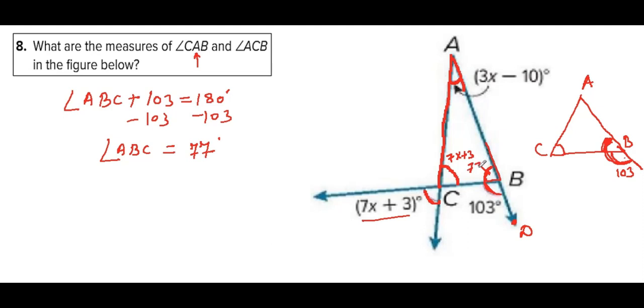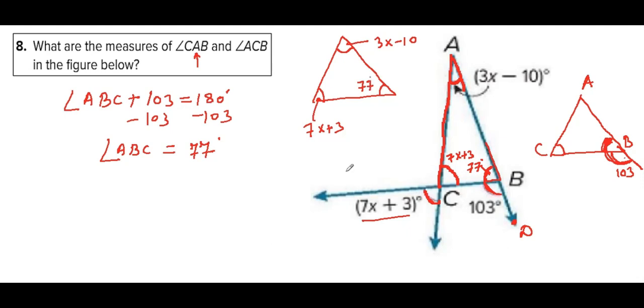Now we have three angles in the triangle. This is given 3x minus 10. This is given 7x plus 3, vertical angle, and this angle we already got 77. Now we add all the angles.